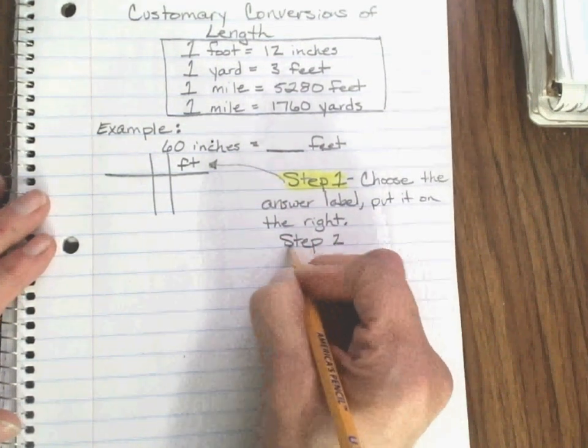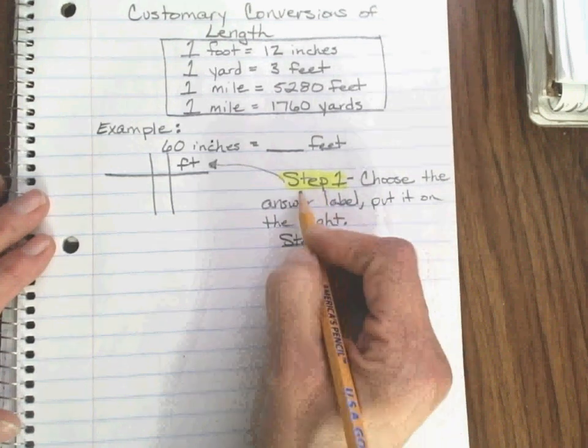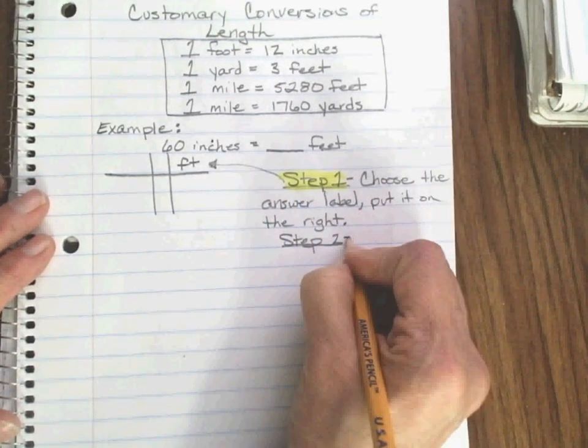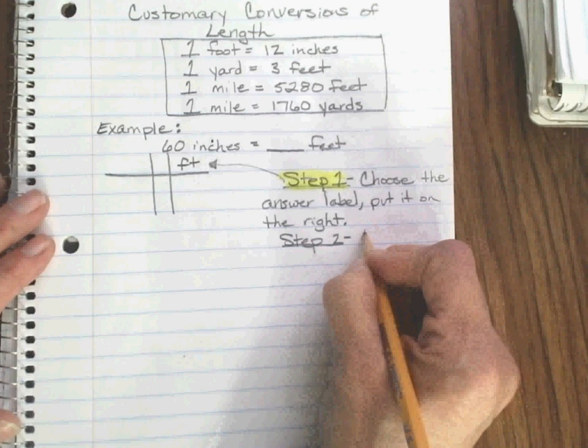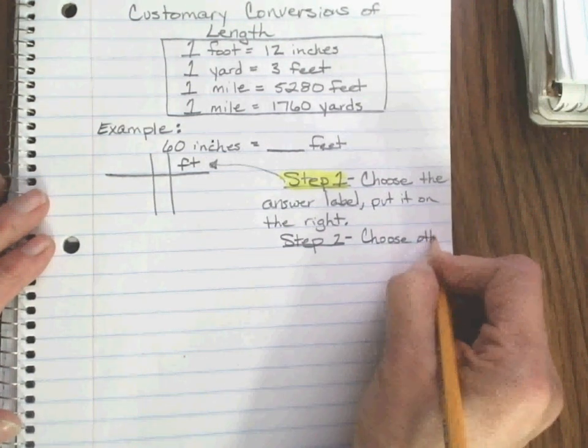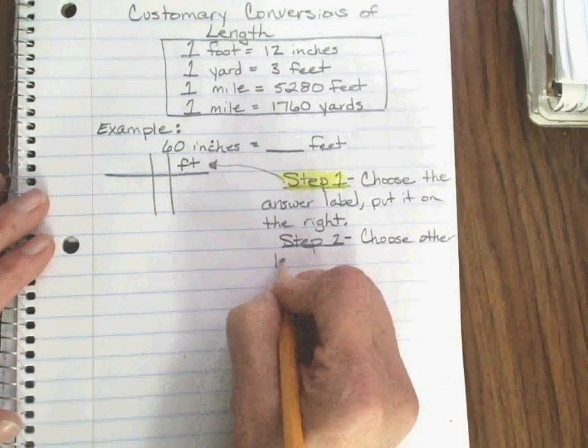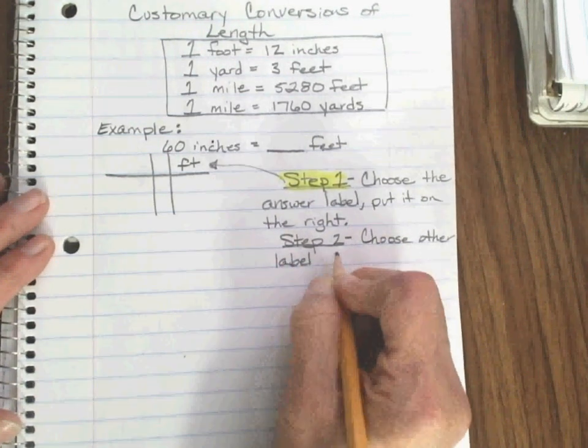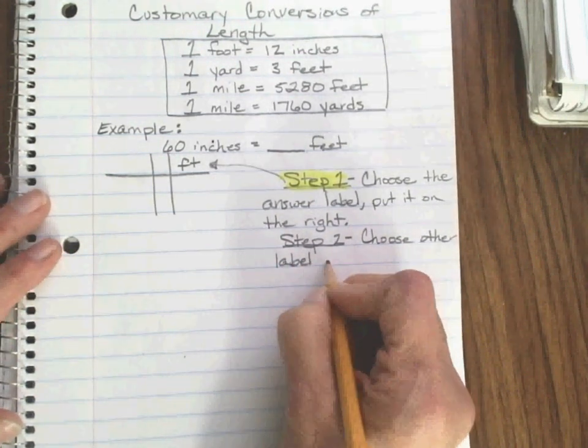Step 2, choose the other label and put it on the left side of the chart.